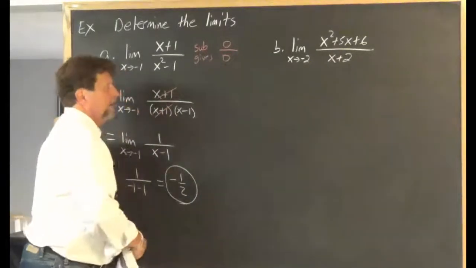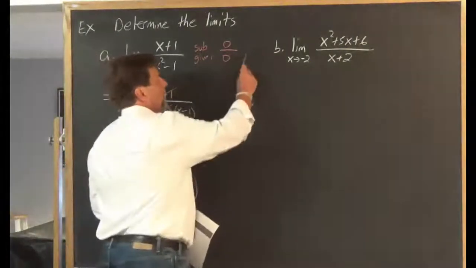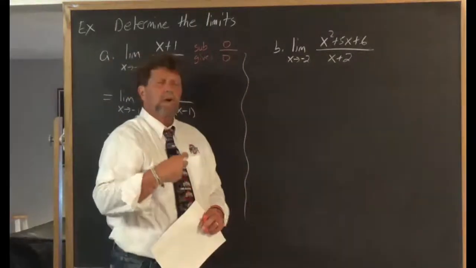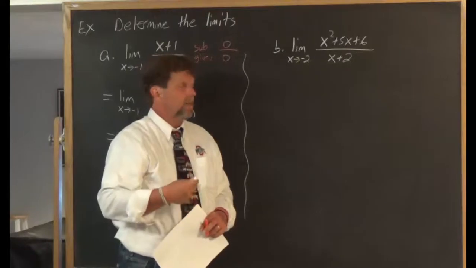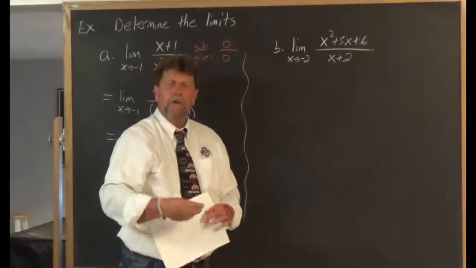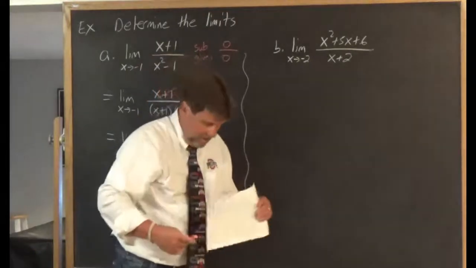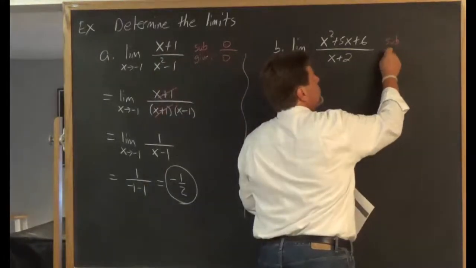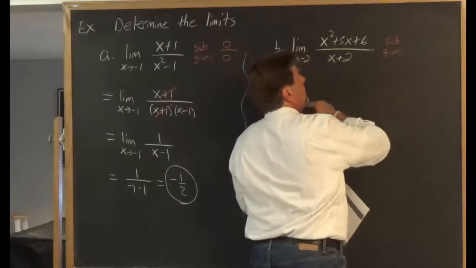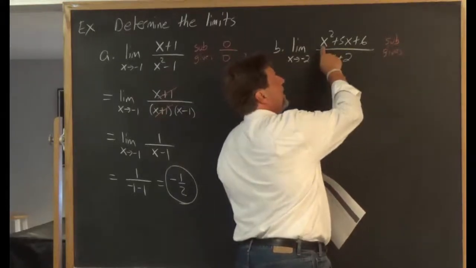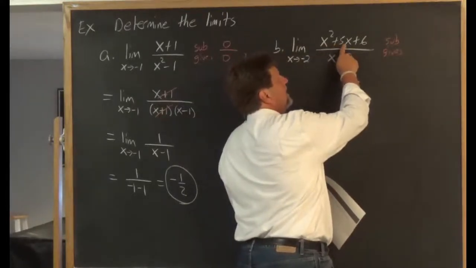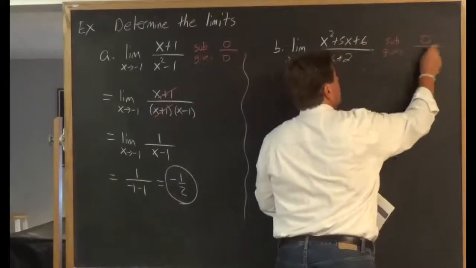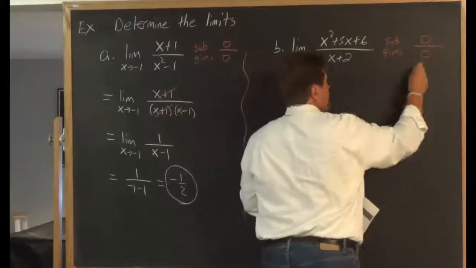So part B, we're asked to find the limit as x approaches -2 of x squared plus 5x plus 6 all over x plus 2. So the first thing we try is substitution. -2 comes in for the x, so that's 4 plus -10 plus 6, which is 0, and the denominator is 0.